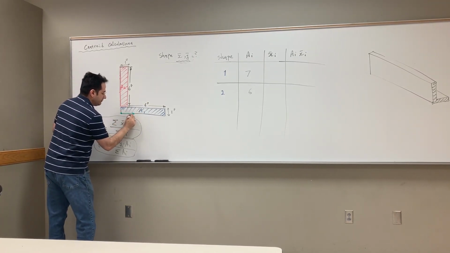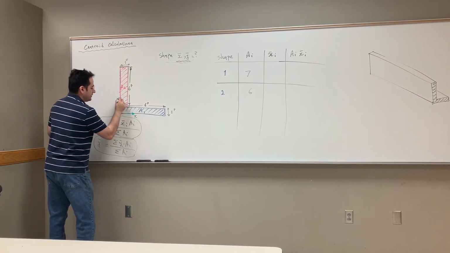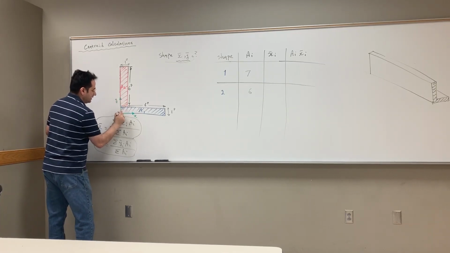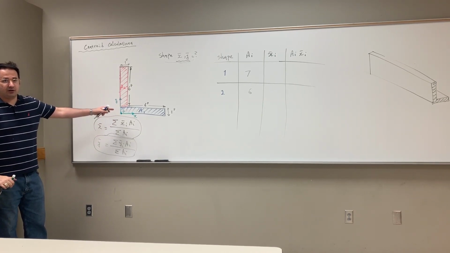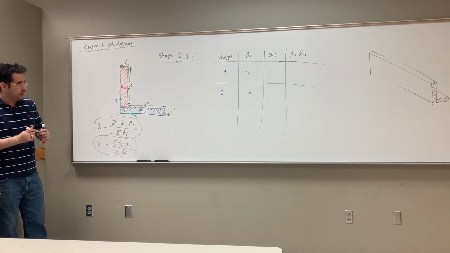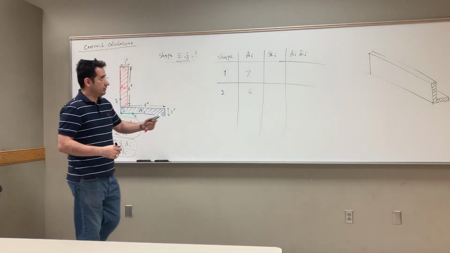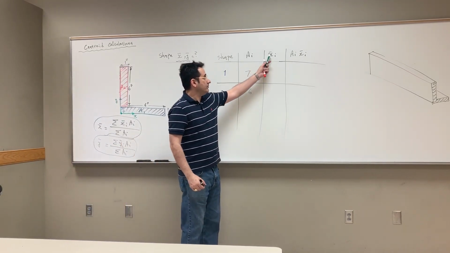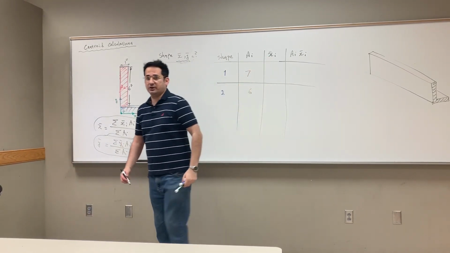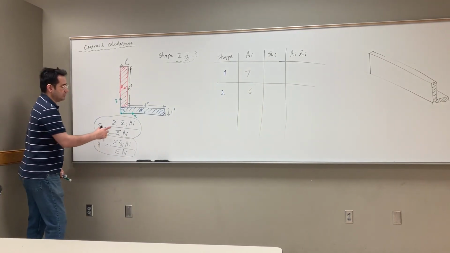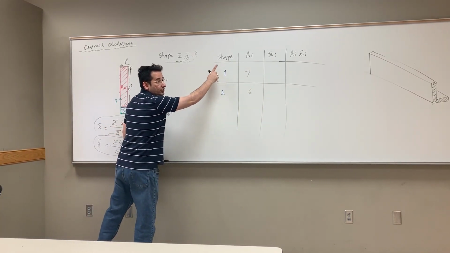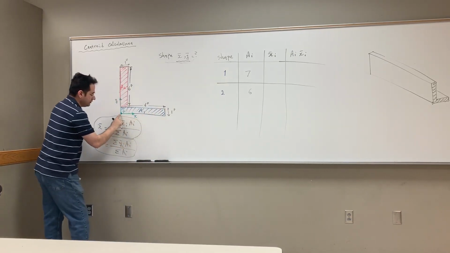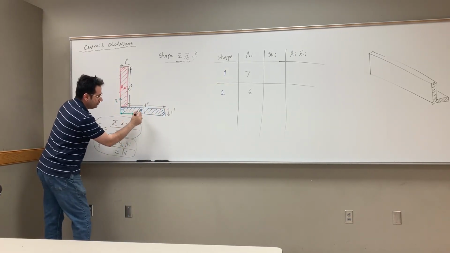So let's measure everything with respect to the coordinate system xy located at this bottom left corner. Now, when we know the coordinate system, what is x bar 1 for shape 1? What's the x coordinate of the centroid of shape 1 only, with respect to this?